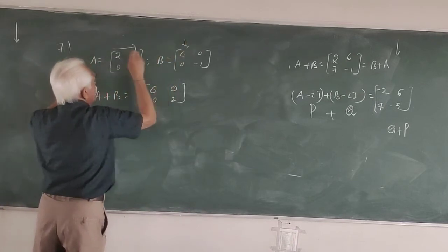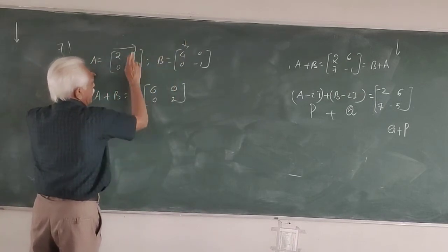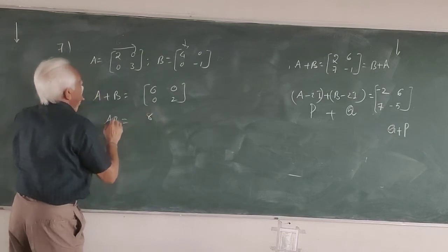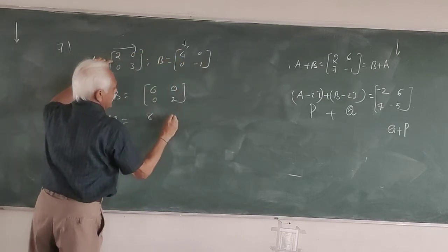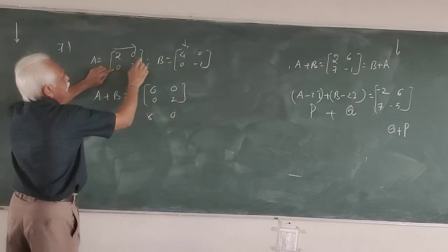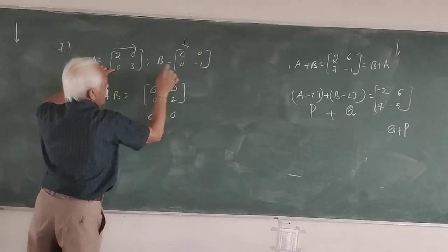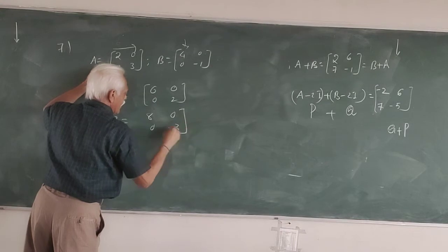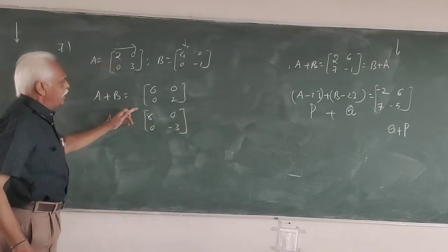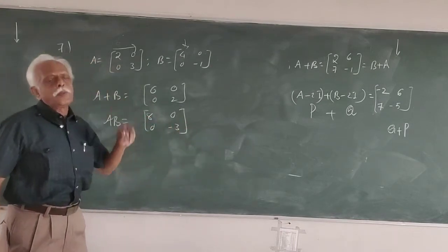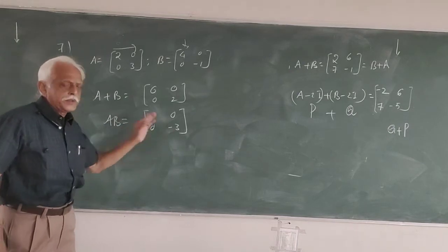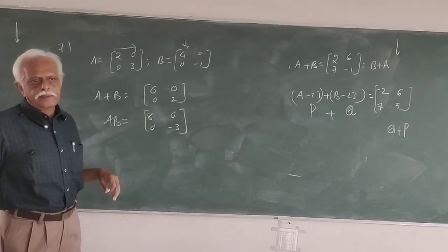This into this. 2 into 4 is 8, 0, 0, 3 into minus 1 is minus 3. For AB, you have elements in the principal diagonal only. So it is also a diagonal matrix.